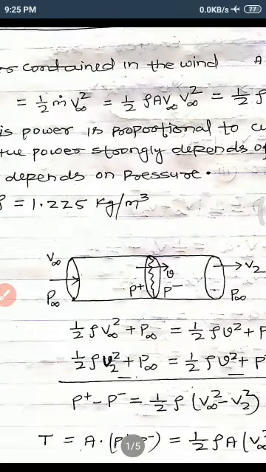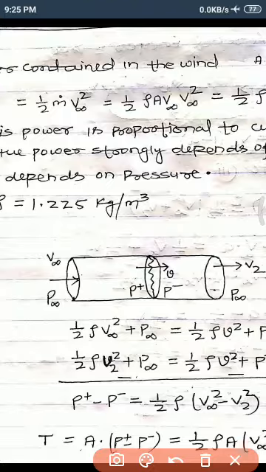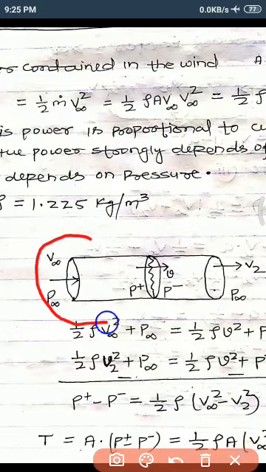So if we apply Bernoulli's principle at this surface, the equation can be written as half into rho v square plus p infinite, that is pressure plus kinetic energy at this end.